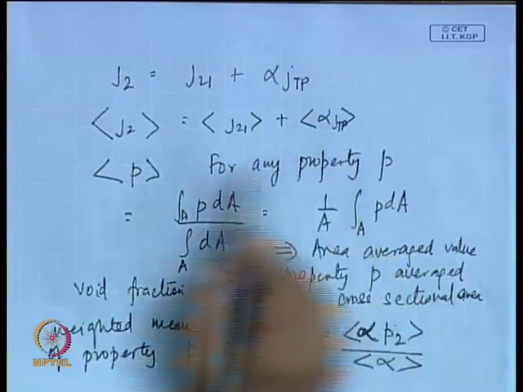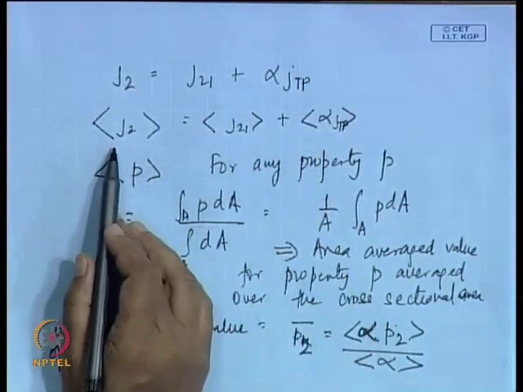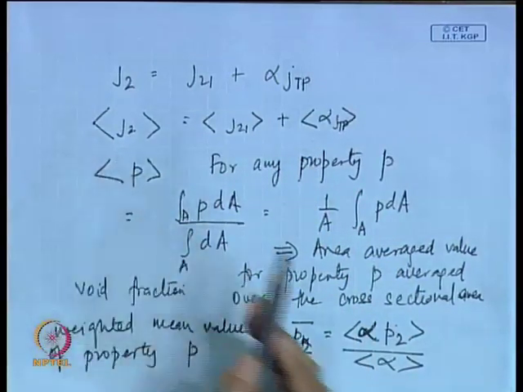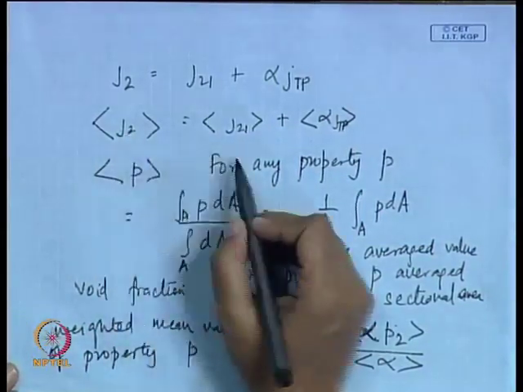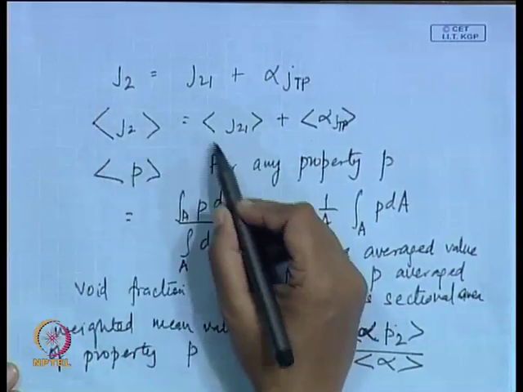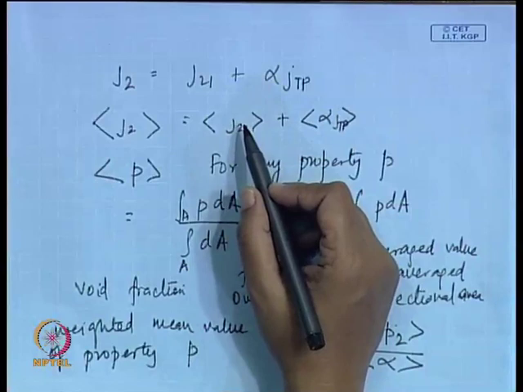Now, remember one thing, whenever we have to deal with this particular equation, finding out J2 is very easy. It is nothing but Q2 by A, as I have already written down here. This J2 is nothing but Q2 by A. J21 can be found out, it is just the average drift flux averaged over the entire area.